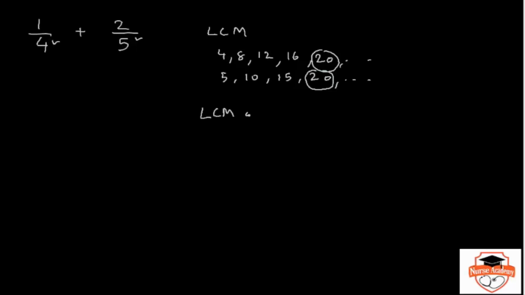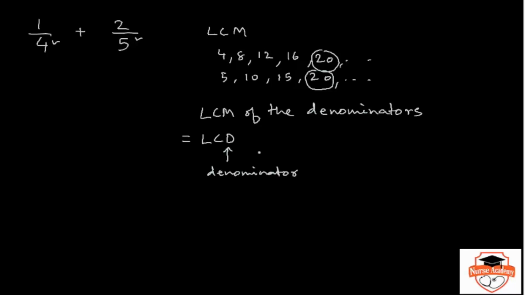So the LCM of the denominators is also known as the LCD, least common denominator, D for denominator, of the fractions.